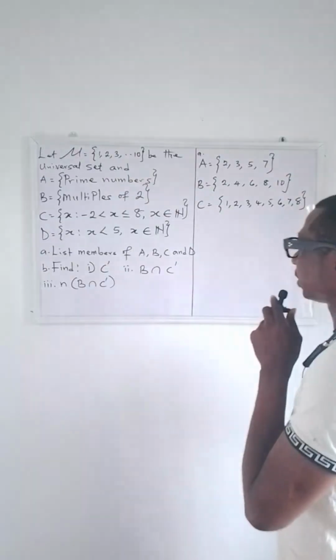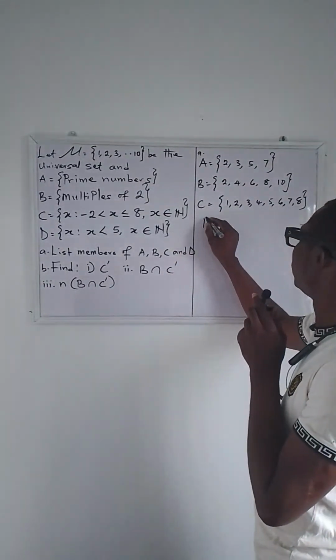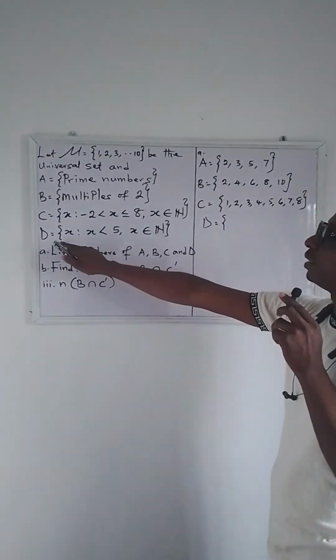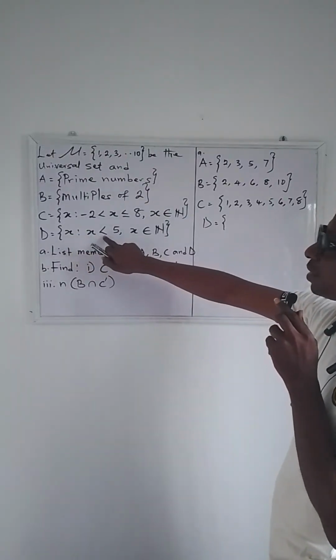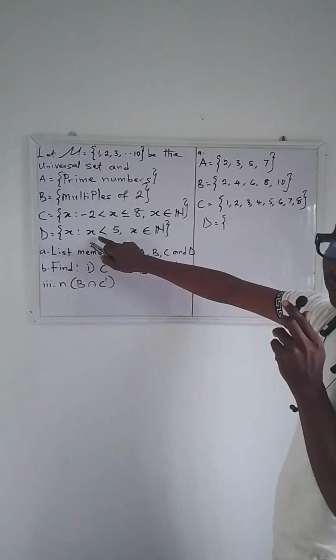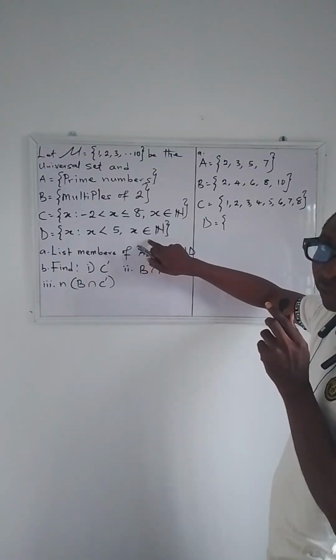Now let's move to the next set, that is set D. Set D is the set of x such that x is less than 5, and x is a natural number.